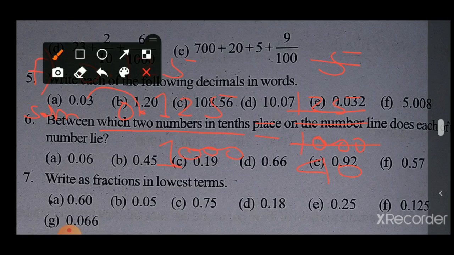Then 5 1s are 5 and 5 8s are 40. So it is the solution for the F part. The lowest term is 1 upon 8. This is our lowest term, and this is the solution for the F part.